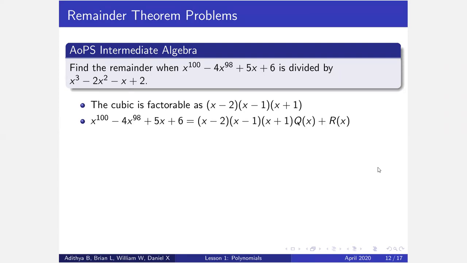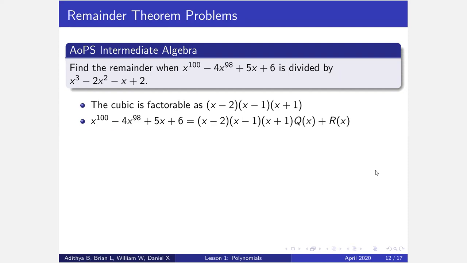And remember in the previous slide when we had x minus c, we plugged in c. So we're going to be doing the same thing here, where we can plug in 1, 2, and -1.